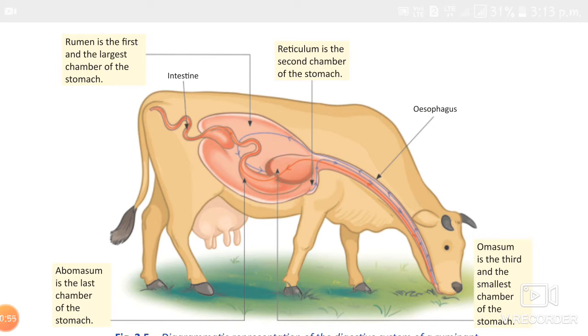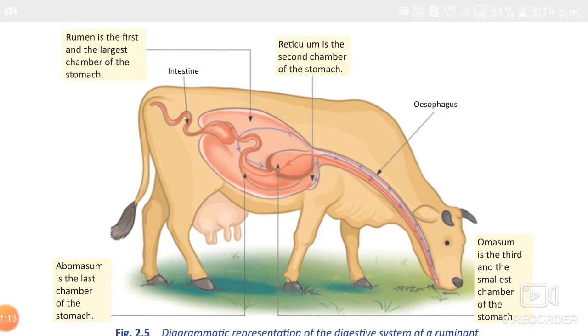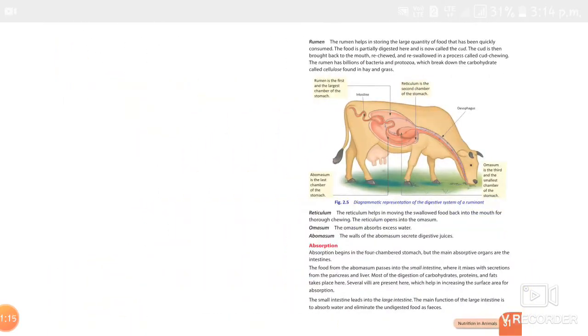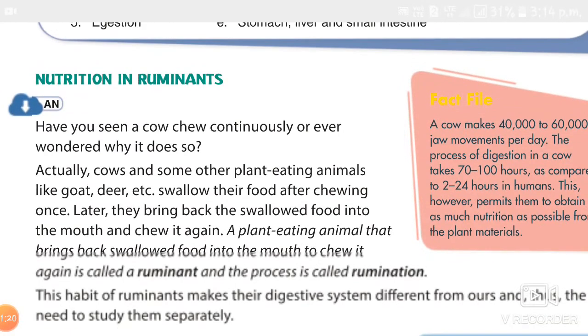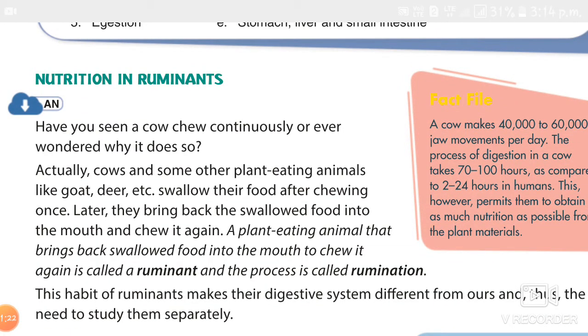A plant eating animal that brings back swallowed food into the mouth to chew it again is called a ruminant, and the process is called rumination.